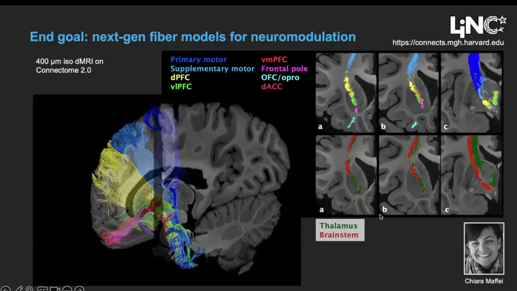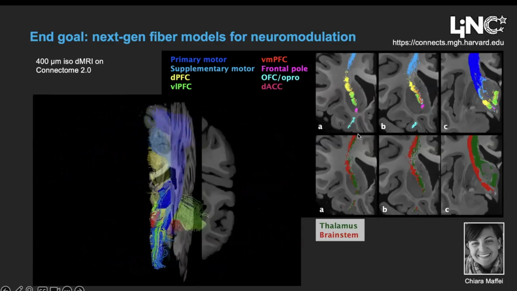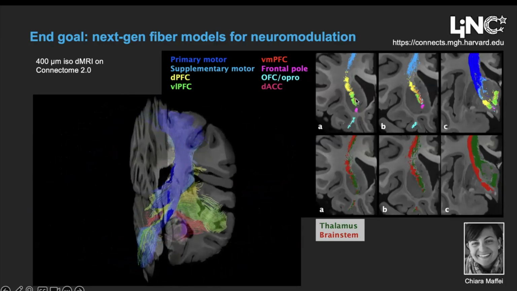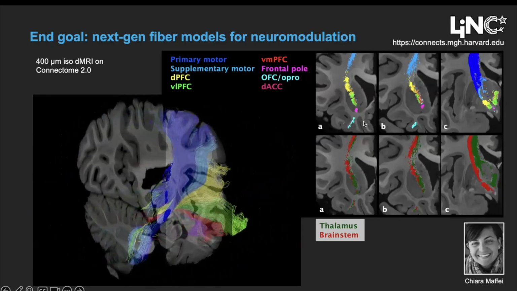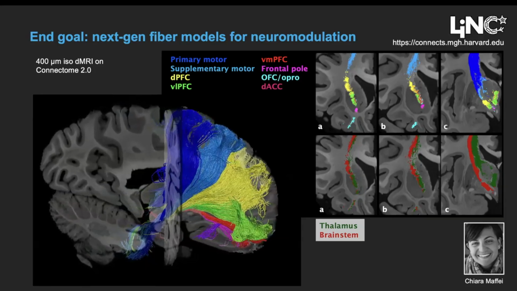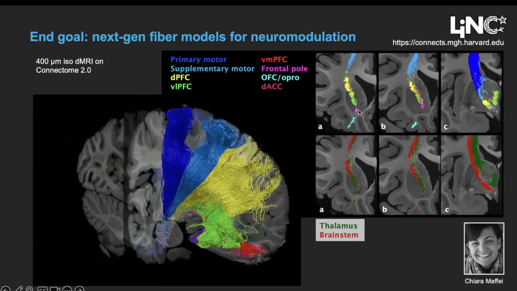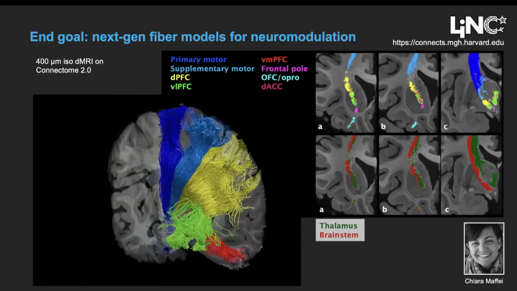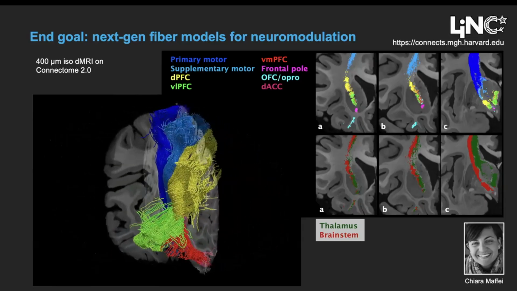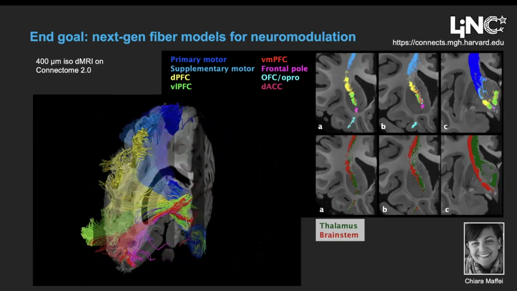And what we were happy to see is that we're able to replicate the topographic organization of these fibers as they travel through the internal capsule and reach their different subcortical destinations. This topographic organization has been shown with tracer injections before in macaques, but has been so far very difficult to replicate with good definition in the human.